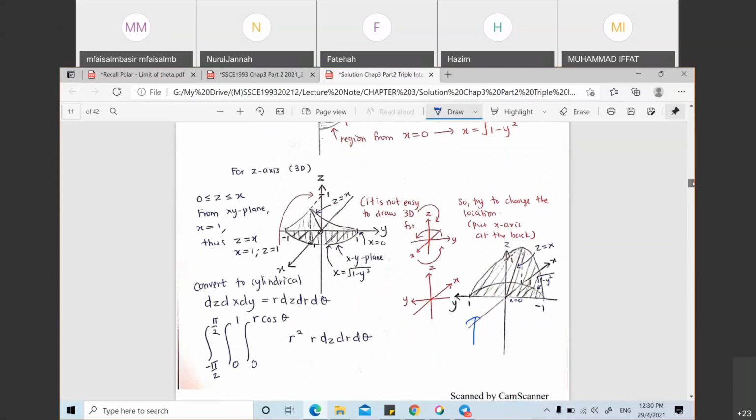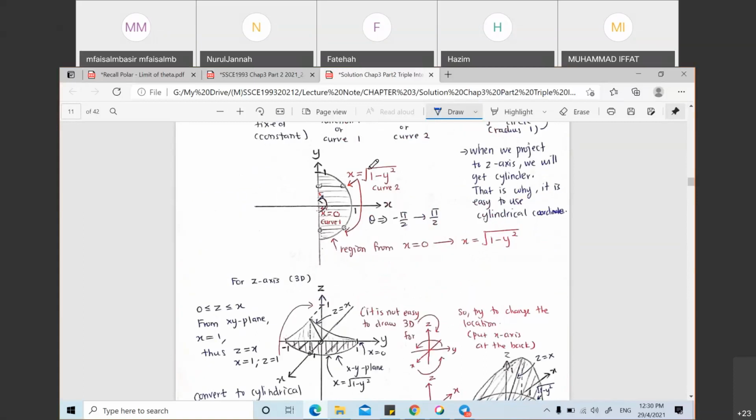How? It is from here. Because this line is square root of 1 minus y squared.